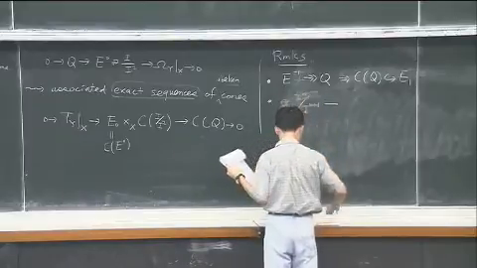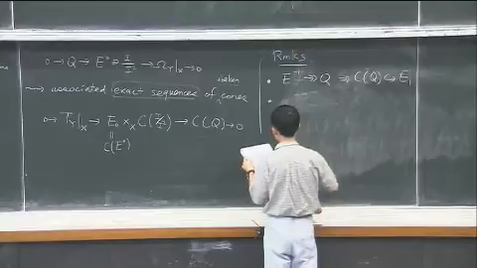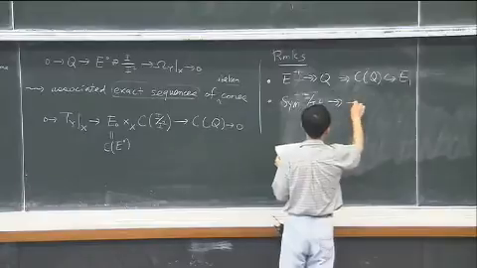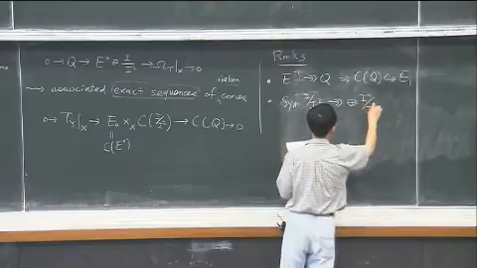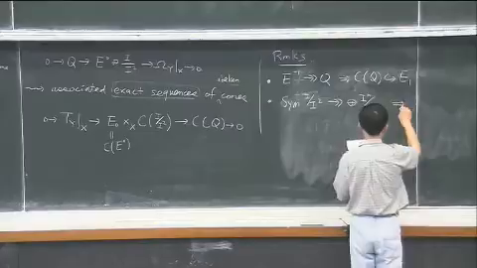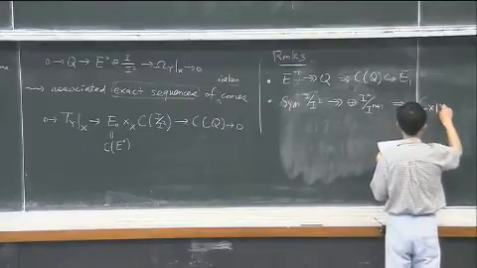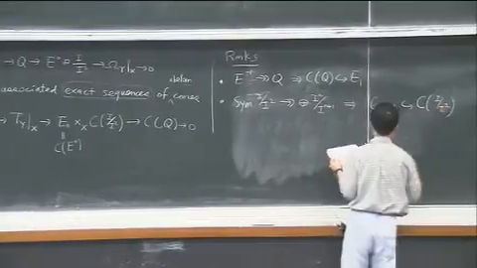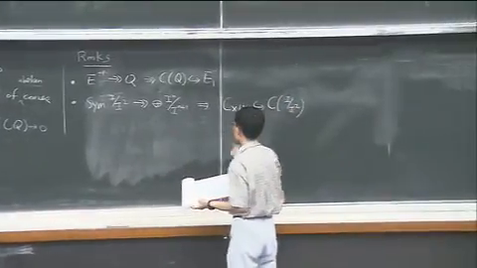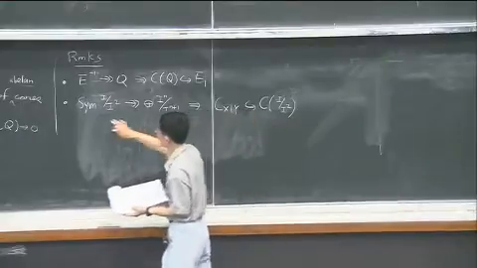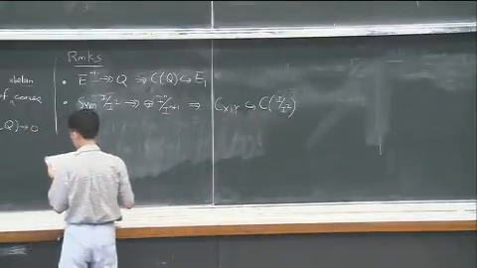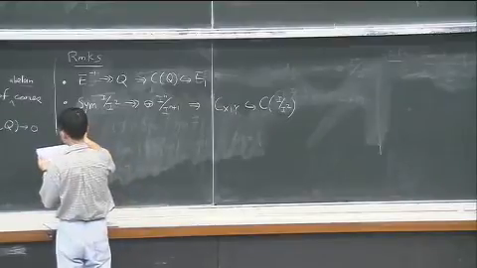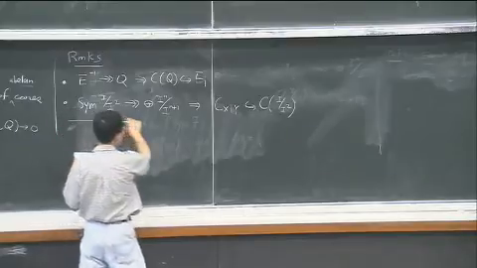Maybe I should reverse this. Surjective also means that the cone, so this is defined by that, and this is defined by that. So it's like this. Okay, that's two remarks.